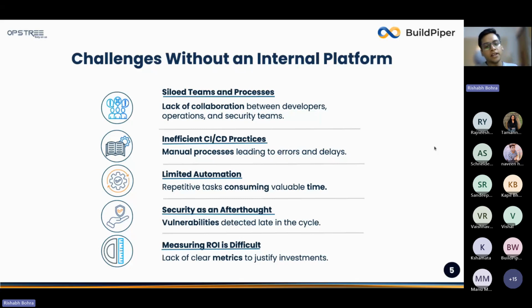The second pointer is about inefficient CI and CD practices, because in many organizations, CI and CD tools are being used to create the pipelines, but these pipelines are not end to end. And also you have to compromise on certain things whenever it comes to application delivery or feature delivery.